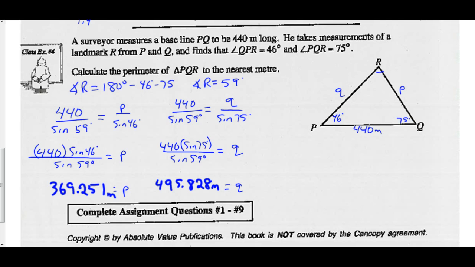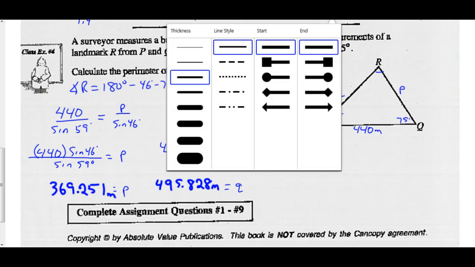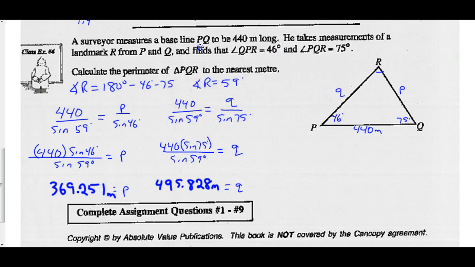And now the question asked us to find the perimeter. So our perimeter should equal side P plus side Q plus side R, which we were told was 440.